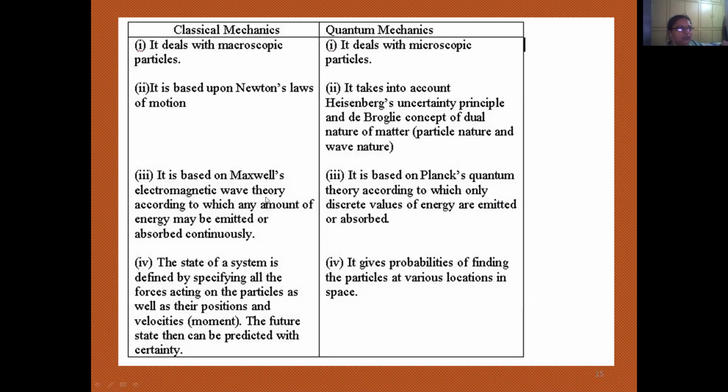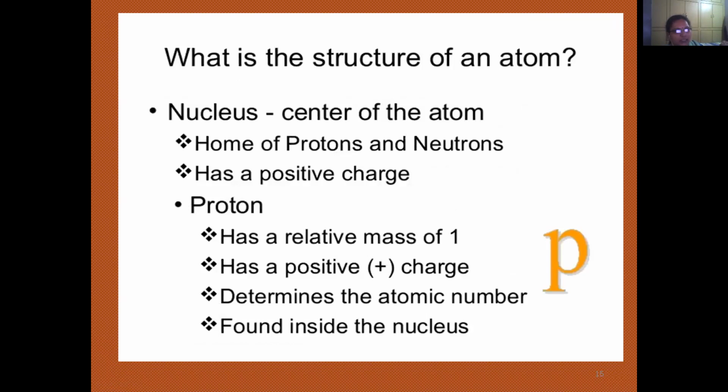Classical mechanics is based on Maxwell's electromagnetic wave theory, and quantum mechanics is based on Planck's quantum theory. In classical mechanics, the state of a system is defined by specifying all the forces acting on the particles as well as their positions and velocities. But in quantum mechanics we consider the probability of finding the particle at various locations in space.